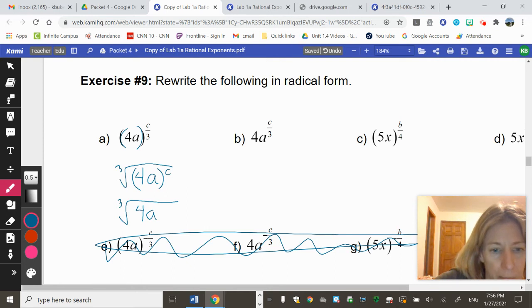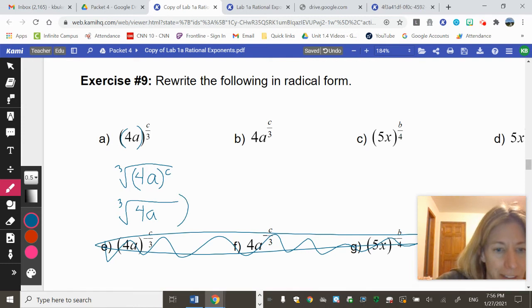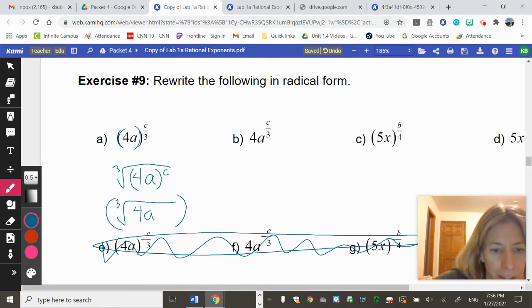If you put the C outside of here like this, that's the only way you can get rid of not putting the parentheses. Well, I guess you still have parentheses, but the parentheses now enclose the whole radical. But hopefully you see that C goes with this whole thing in both cases. All right.